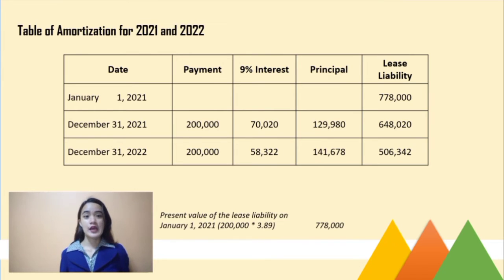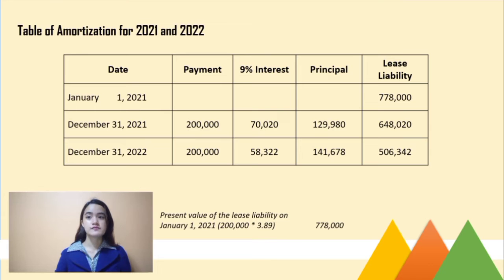So, dito naman tayo sa December 31, 2021. Paano natin makukuha sa lease liability? So, it is simply yung lease liability natin from the previous year or yung January 1, 2021, kunin natin yung implicit rate niya or yung interest. So, multiply natin siya by 9%, we will get 70,020 pesos.